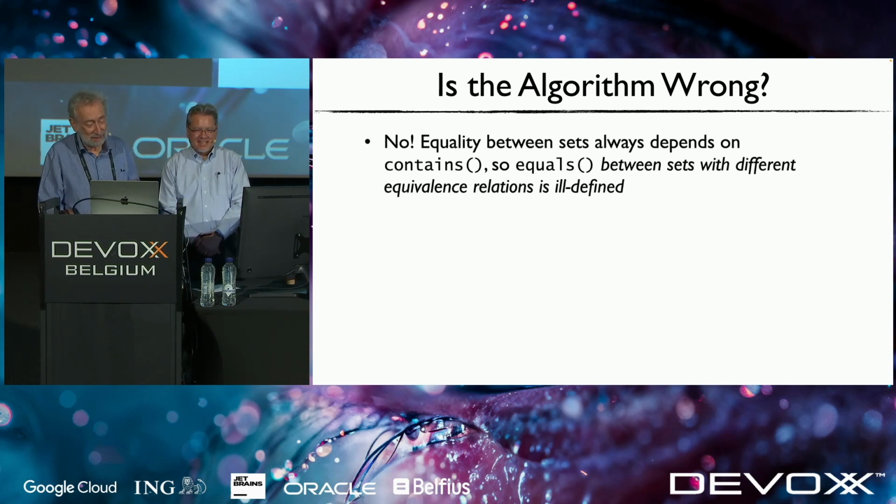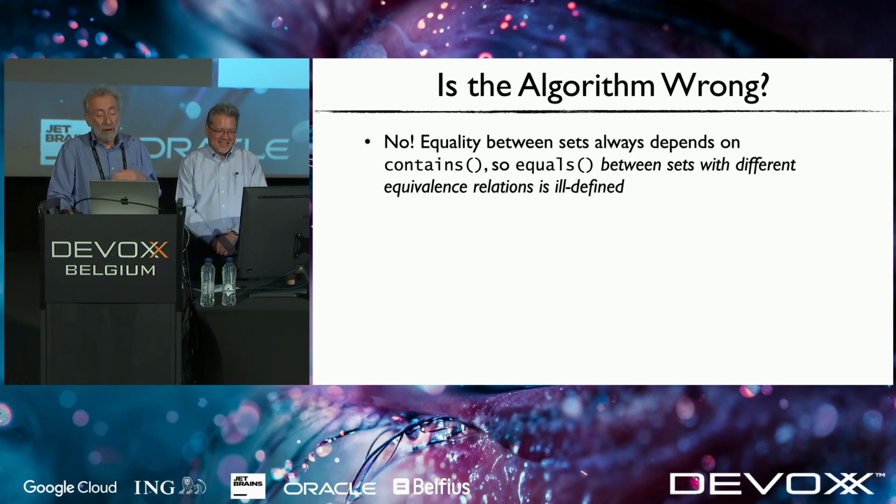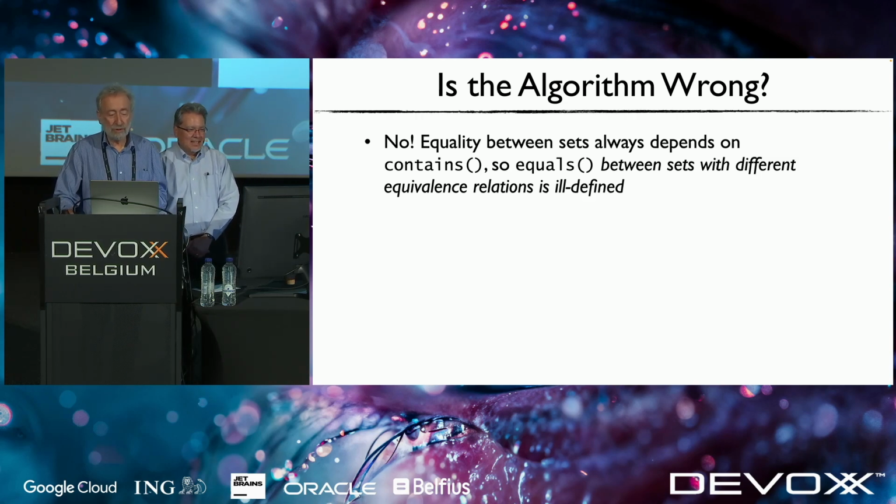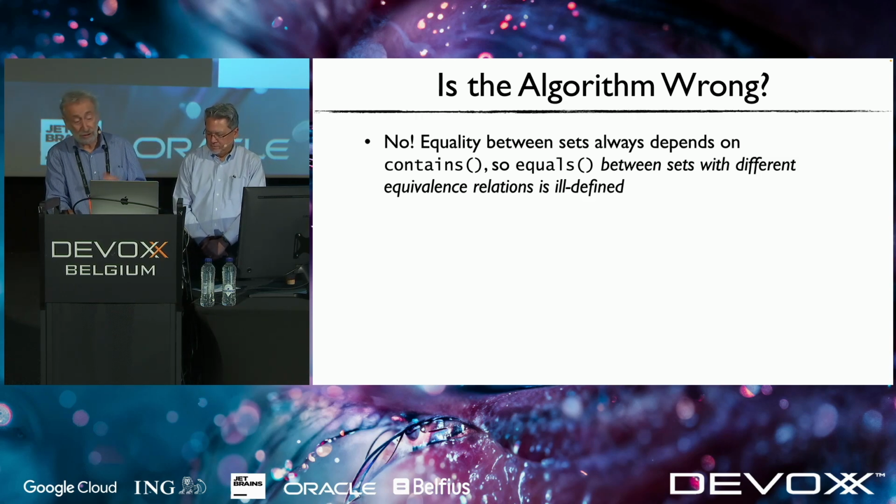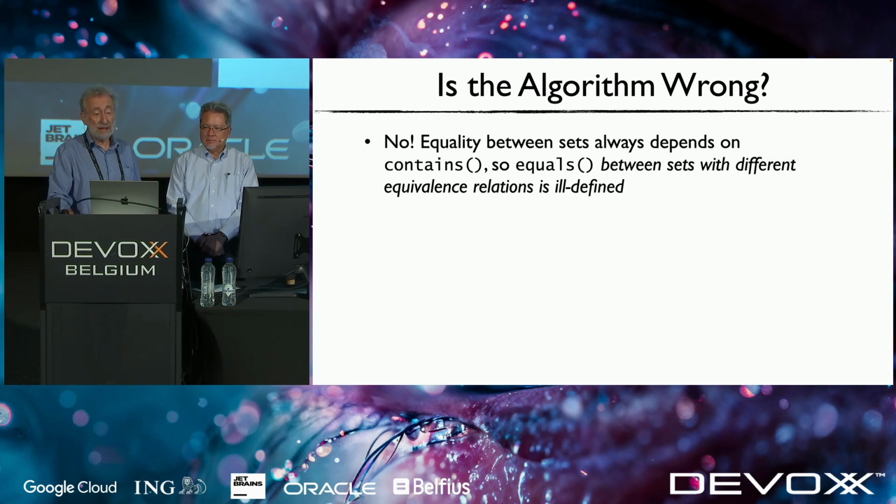Actually, it's a reasonable algorithm. The problem is that equality between sets will always depend on the contains method. So equals between sets with different equivalence relations just isn't well defined, because which of the contains methods are you going to use? If you've got different contains methods, then you're going to get different answers.